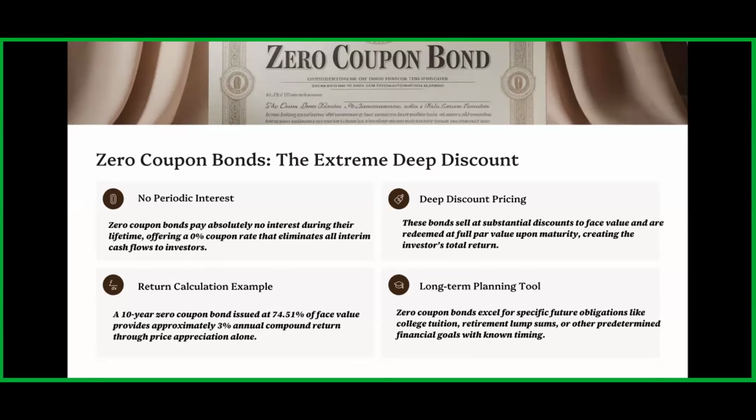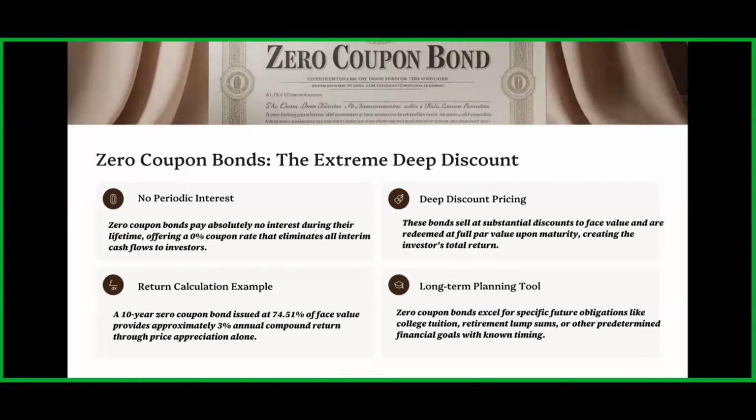So a zero coupon bond may be a deep discount bond if the company issues it at a large discount. Next one is the return calculation example. Here one example is given.